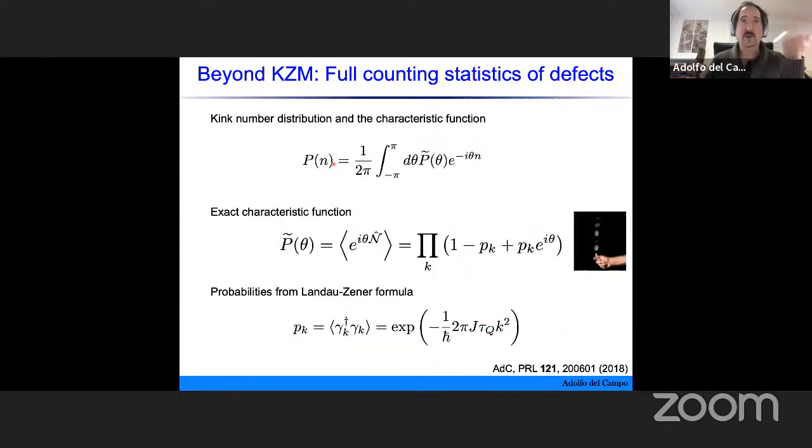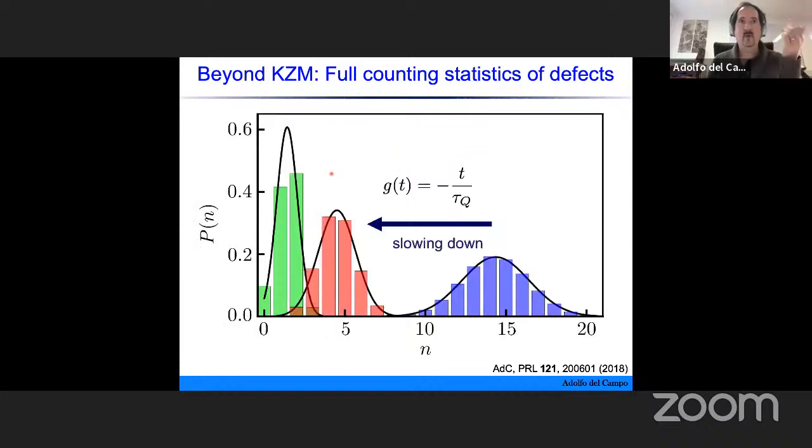By taking its Fourier transform, we then get the eigenvalue statistics of the kink operator, and we can just go ahead and display these exact results here for an Ising chain, say of 100 spins, which is driven across the phase transition. We plot the probability for the number of kinks versus the kink number when we drive the chain at 3 different rates.